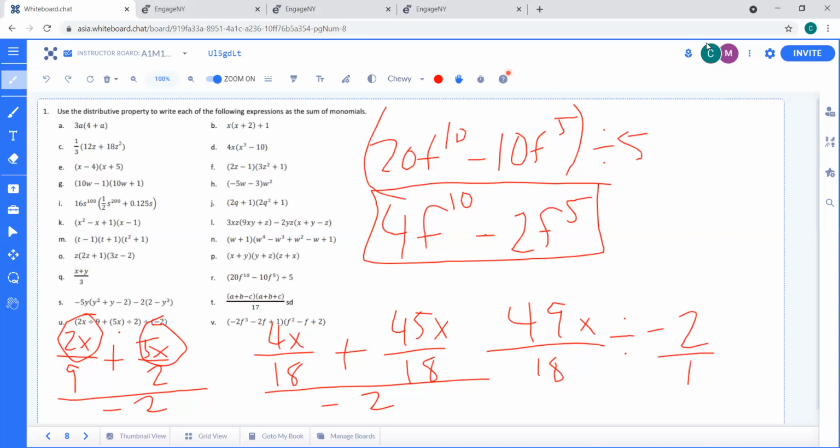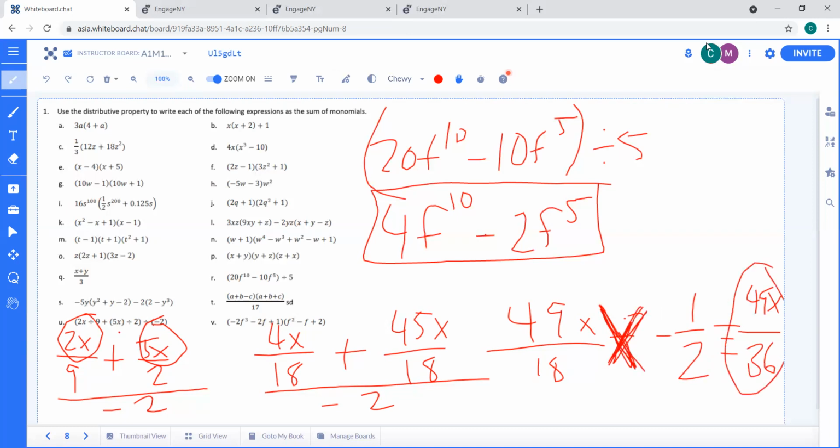Remember, just put that over 1. Keep, change, flip, right? So let's change that to a multiplication. And let's flip it. So it'll be a -1/2. And when you multiply straight across, it's going to be 49x over 36, and that's going to be -49x over 36.